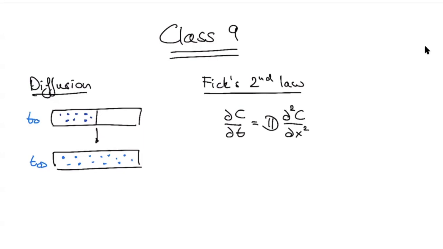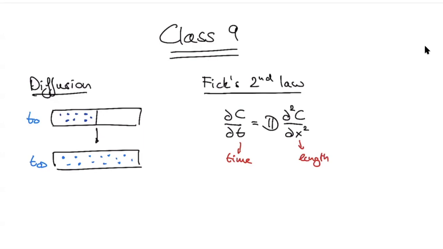So where t is time, and x is length or space. So this is a one-dimensional diffusion equation.